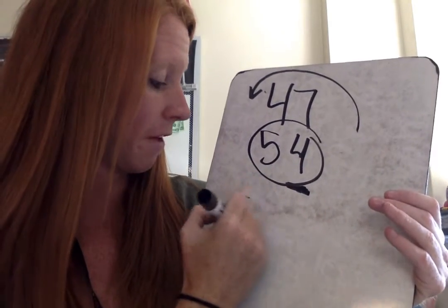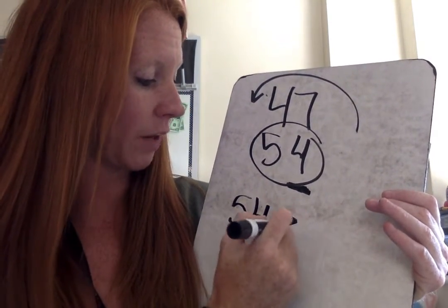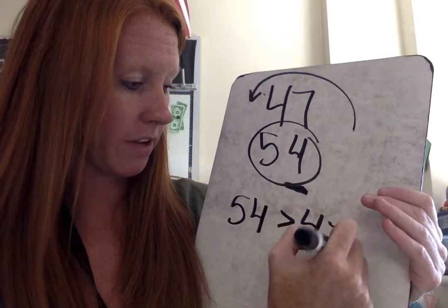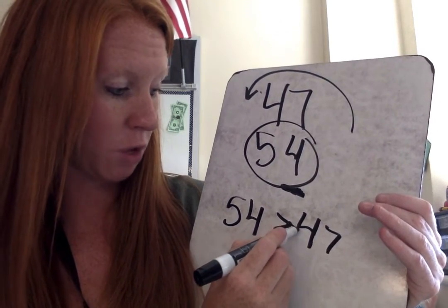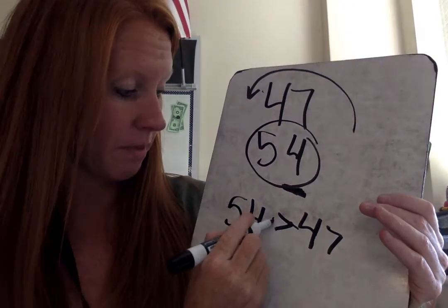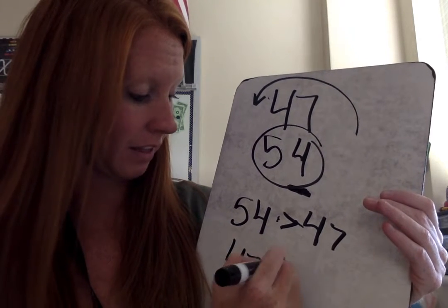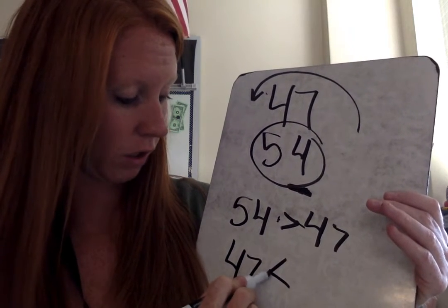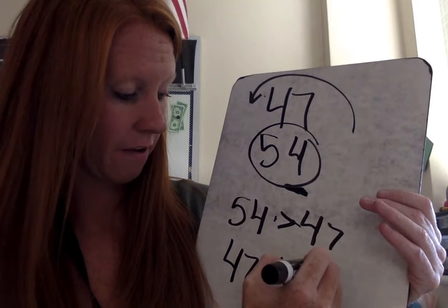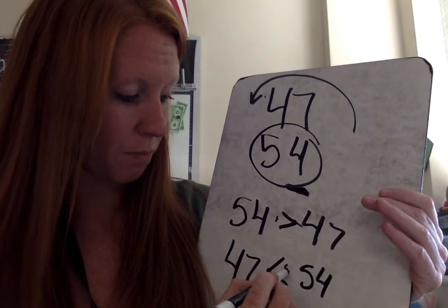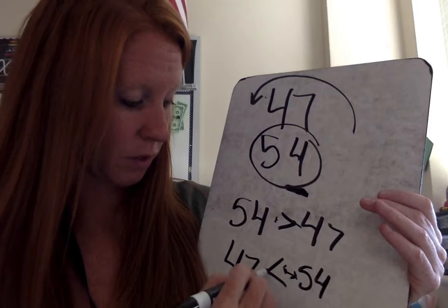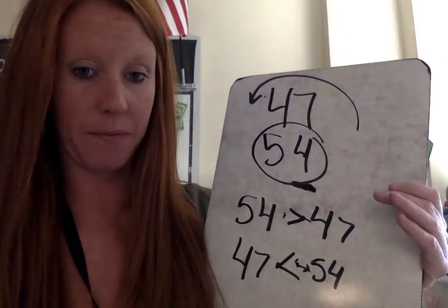We could say 54 is greater than 47. See here, pointing to the small number. This opening is in the big number. Or we could say 47 is less than, see, little, big, 54. Big opening, big number. Small opening, small number.